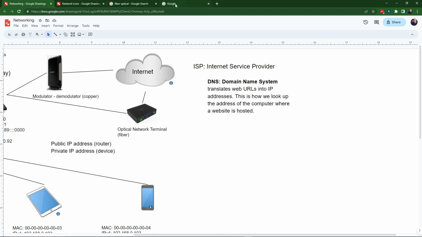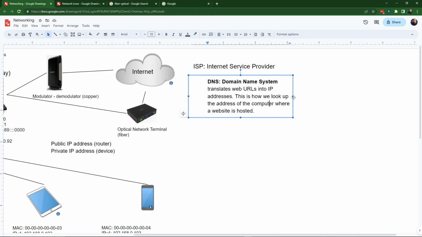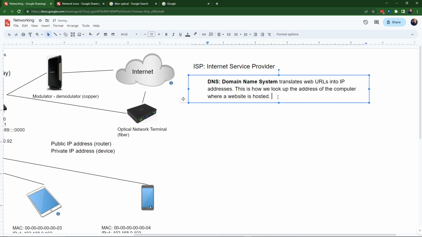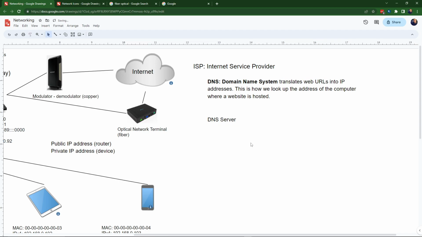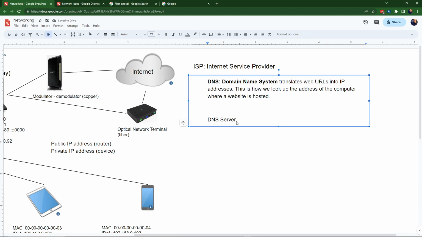Well, there are a lot of different places, but usually your internet service provider will provide a DNS server. So the DNS server is where we actually look up and translate everything.